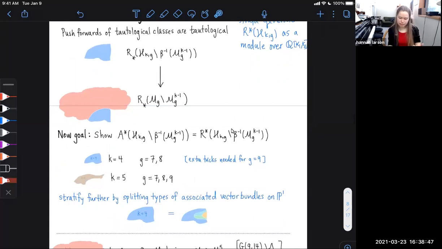So the basic method of attack in all these cases is to stratify the Hurwitz space by the splitting types of some associated vector bundles on P1. And I'm going to explain this a bit in the rest of the talk in the case when k equals 4.